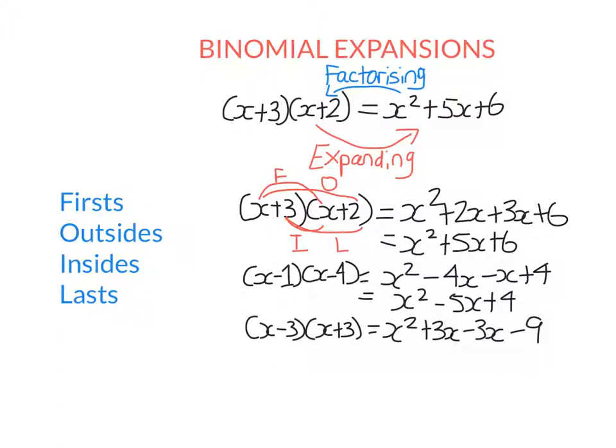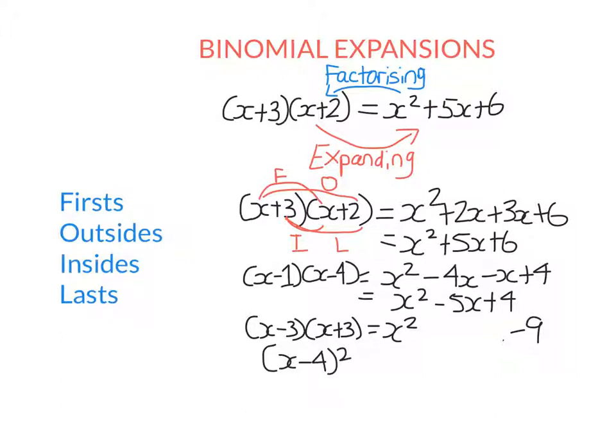So when collecting like terms, 3x minus 3x is 0. So we can actually get rid of these middle terms because they equal 0, and we're just left with x squared minus 9.